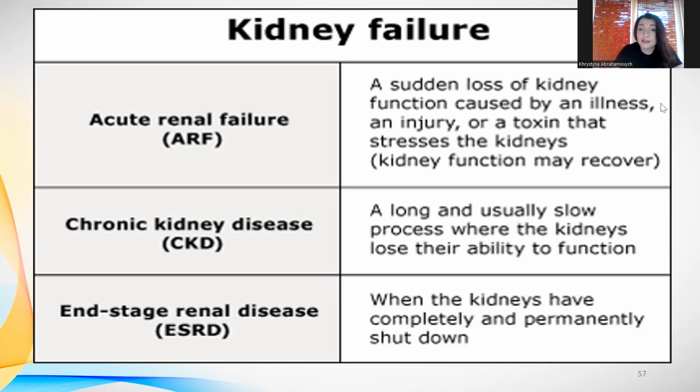And this is that part of our work when we are able to prevent possible chronization and progression of it to end-stage renal disease. Because in end-stage renal disease, when the kidneys have completely and permanently shut down, nothing will help, just renal replacement therapy, which costs a lot of money, mostly for the government.